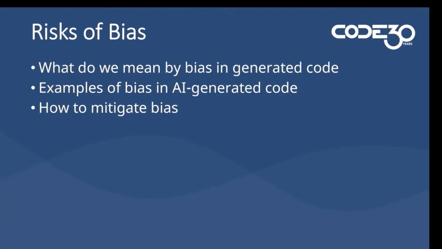If you're not prompting it, or you don't have in your instructions that it needs to be accessible, then you might see generated solutions that don't include those kinds of additional features. It could be a data filtering bias, where you're restricting your queries to a certain demographic and not being diverse enough in those queries. Or it could be a bias for a particular language or a particular locale.